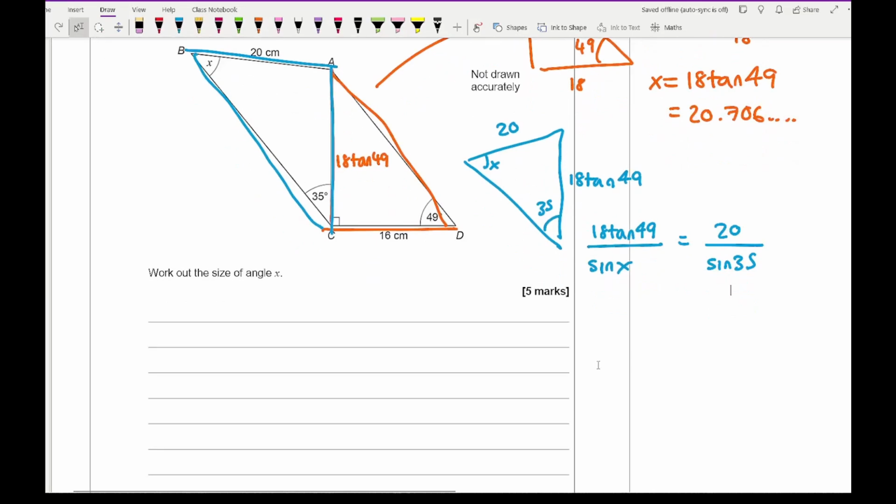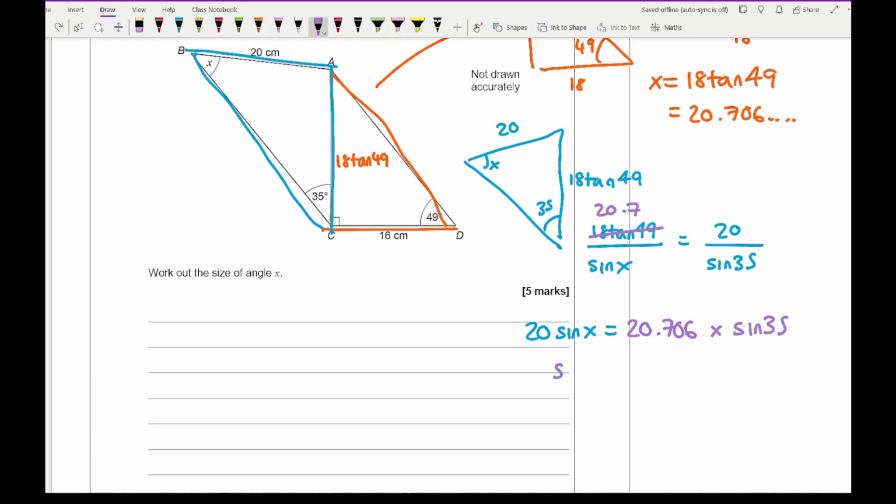Then doing a bit of cross multiplying, you end up with 20 sine X equals. Now, I probably would opt for using decimal, because I think otherwise it might seem confusing. But if you're fine with it, then that's absolutely fine. So I'm going to end up with 20.706 multiplied by sine 35.